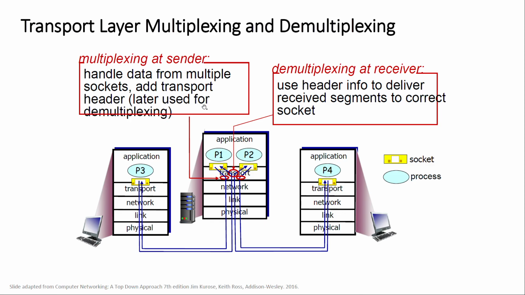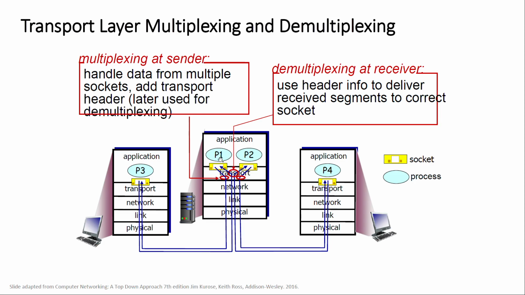Here's a picture of how it occurs. In the middle we have a sender, and this sender is communicating with two different people, so there are two processes here. The blue ones are the processes, P1 and P2. Different sockets are associated with each of them.